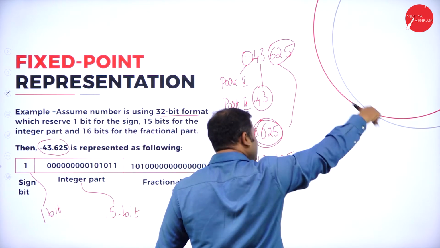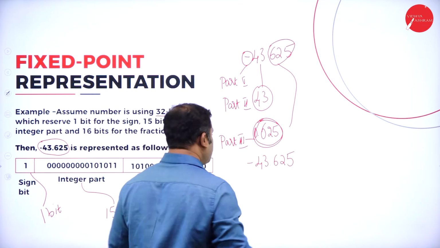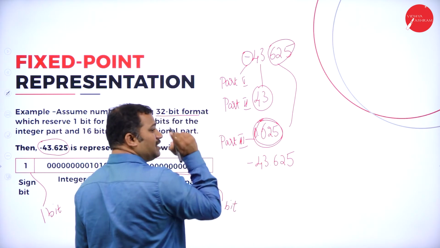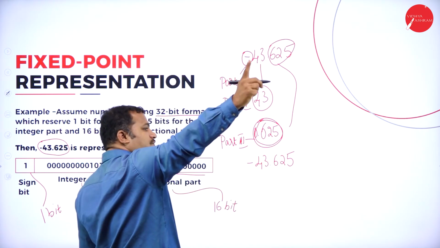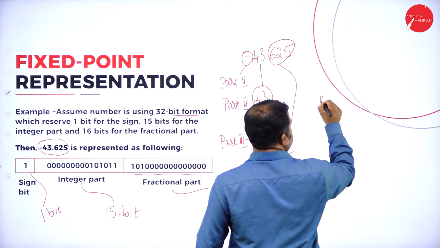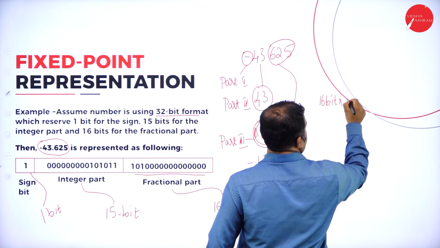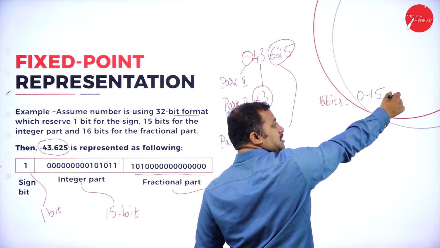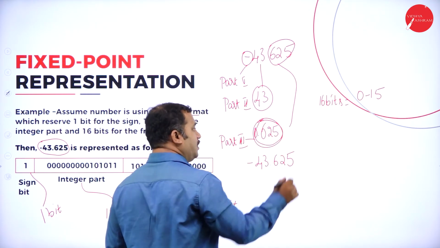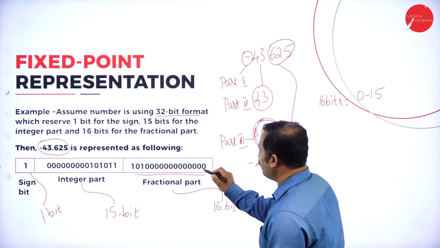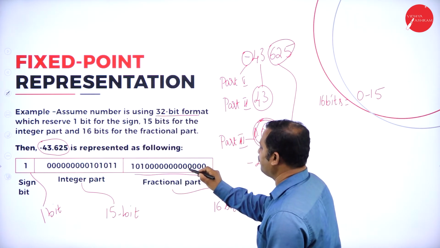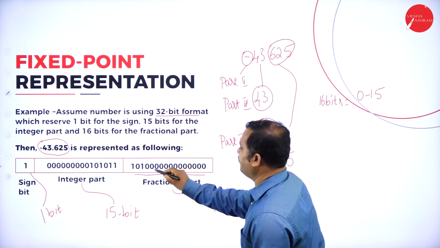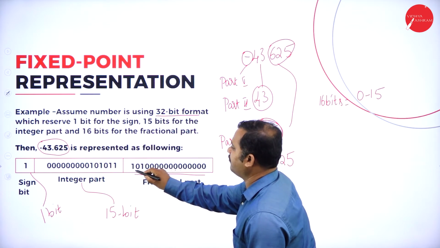If that is the case, we have the bits varying from 0 to 15. That means 16 bits positions including 0. Counting them: 1, 2, 3, 4, 5, 6, 7, 8, 9, 10, 11, 12, 13, 14, 15, 16.